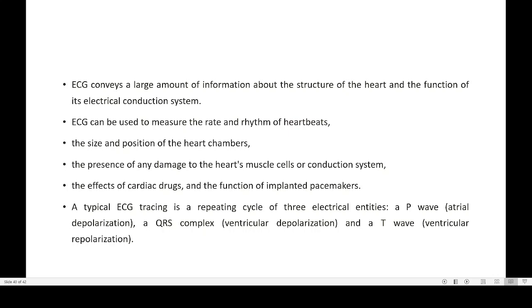Implanted pacemaker, I will also show you that. These days, what doctors are doing is inserting an artificial pacemaker of the heart. See, this is what they are doing with an artificial pacemaker.